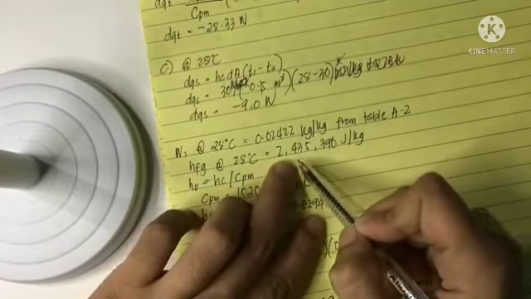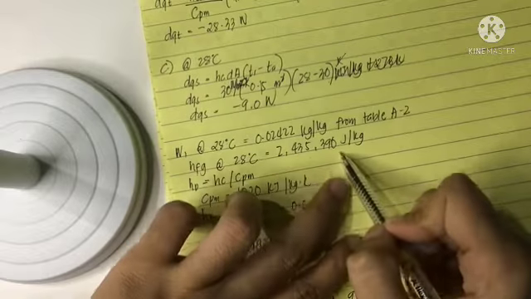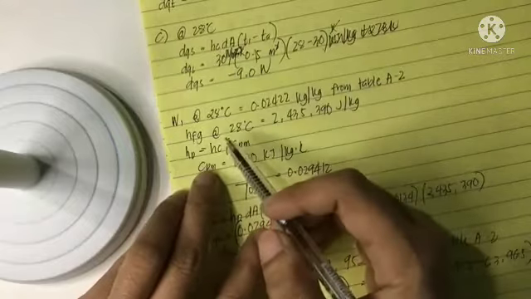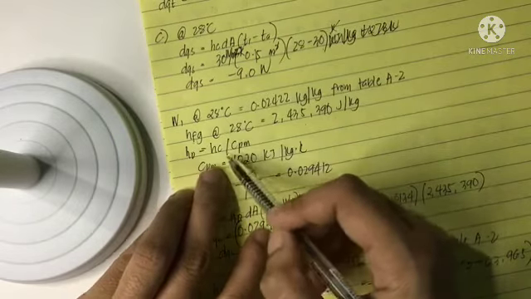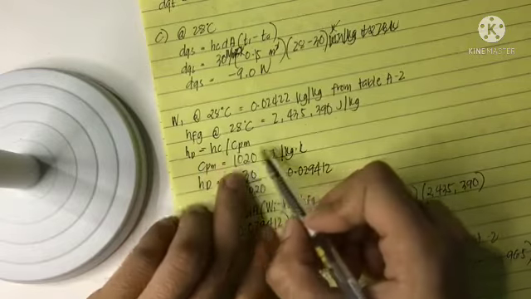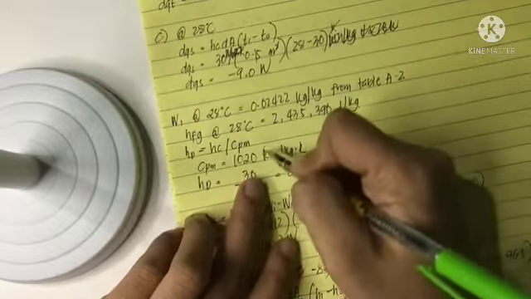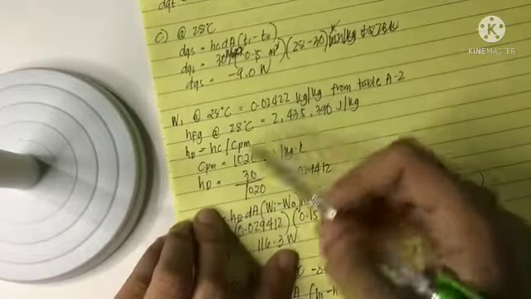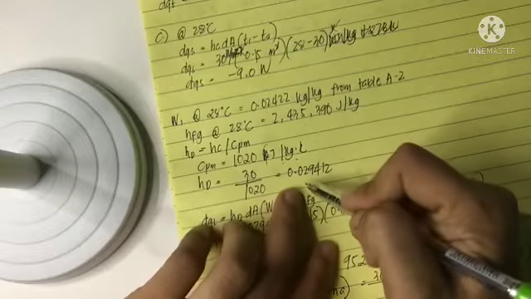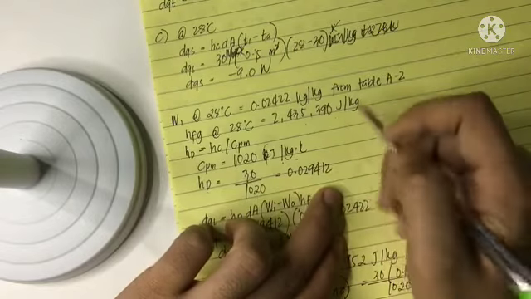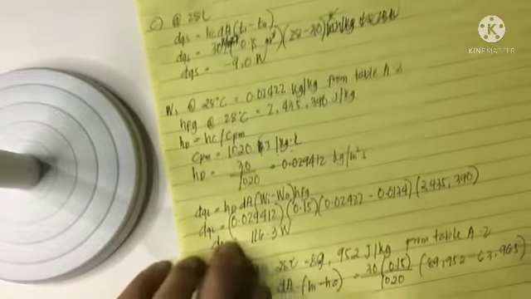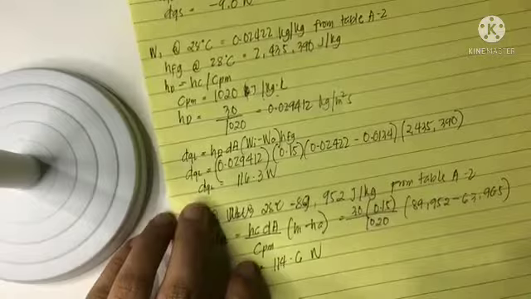We have 2,435,200 joule per kilogram. So your proportionality constant is equal to your convection coefficient divided by your specific heat of moist air, which is 1020 joule per kilogram Kelvin. So we have here your HD equals 30 divided by 1020, which is 0.029412 kilogram per meter squared second.